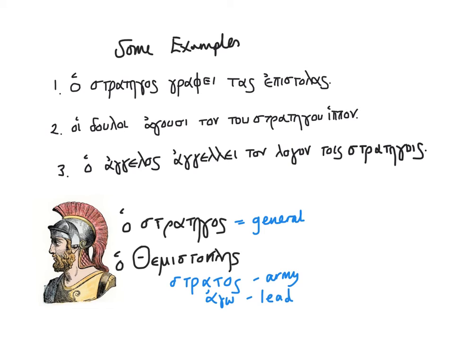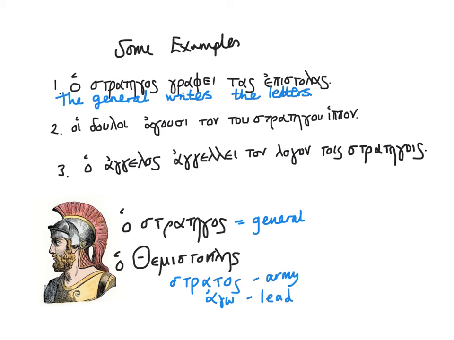Ho strategos graphei tas epistolas. Ho strategos is the nominative, and that's used for the subject of the verb. We'll start with the general. And what does he do? He writes. Use the present tense here. And tas, which is one of our definite article words, means the. Epistolas means letters.